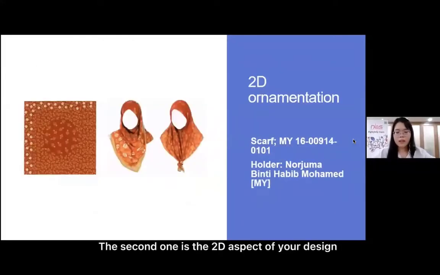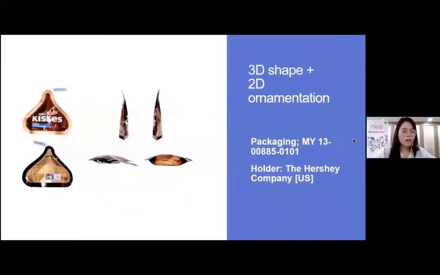And the second one is the 2D aspect of your design that you may want to print on other articles such as scarves, shirts, or bags, but not limited to these articles, of course. So exemplified here is the scarf created and owned by Nojuma. Okay, I'm sure you are aware of the brand.